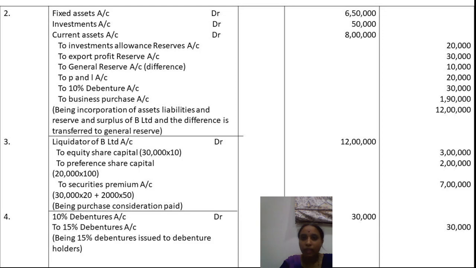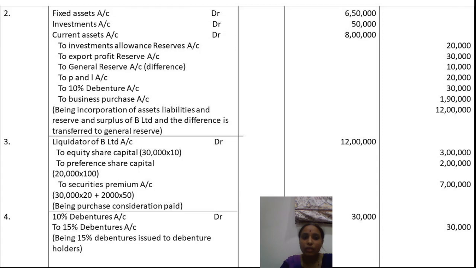Then P&L account 20,000, debentures 30,000, to purchase consideration 12 lakh, debentures 1 lakh 90,000, and so on. So the difference amount is transferred to general reserve, that is 10,000.